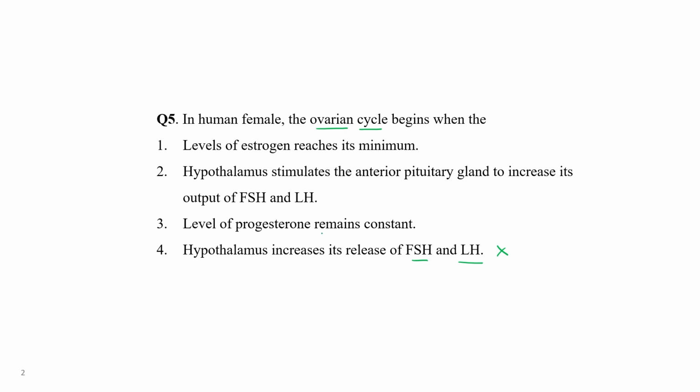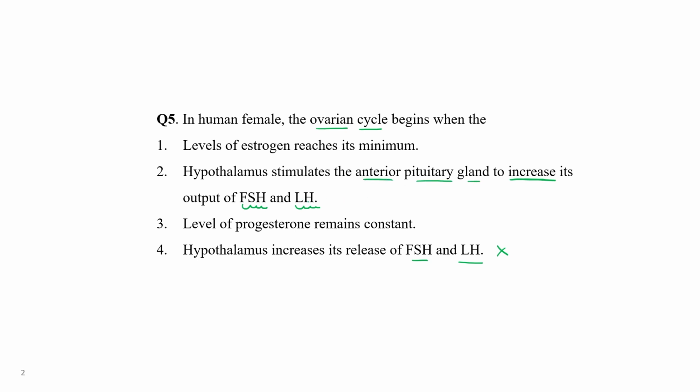Level of progesterone remains constant is not at all related to the human female. The hypothalamus stimulates the anterior pituitary with gonadotropin hormone to increase its output of follicle stimulating hormone and luteinizing hormone, yes, because these hormones are secreted by the anterior pituitary only.